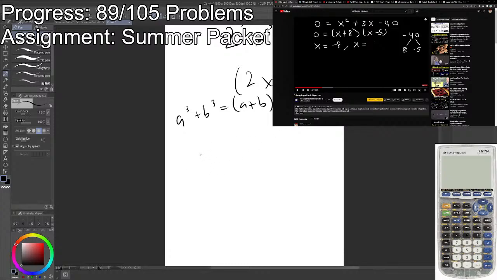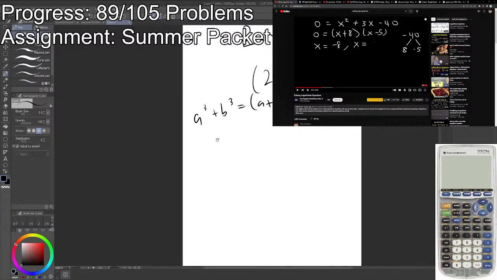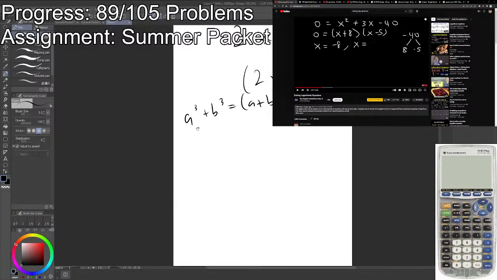Like what? Oh wait, I know on the right side I rewrite it. What is this formula like?